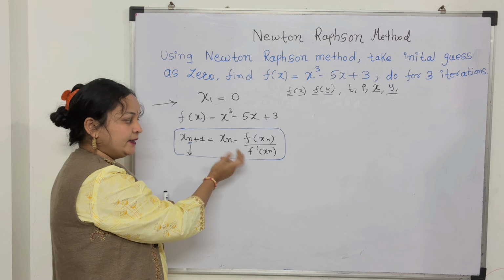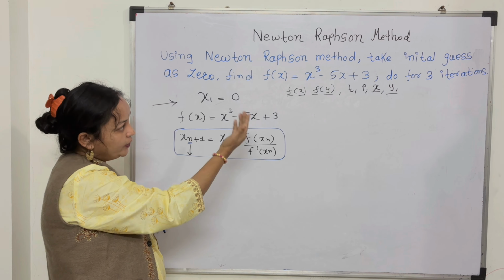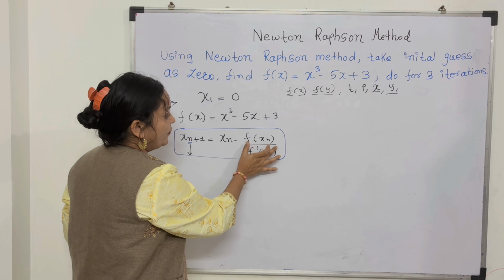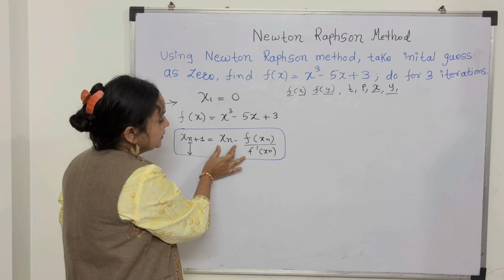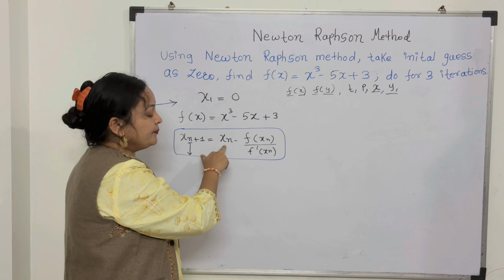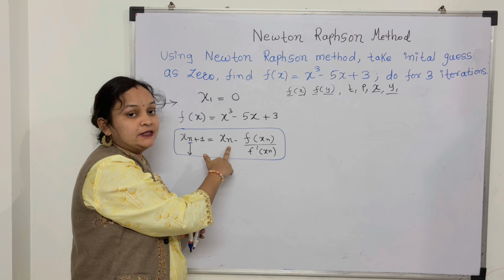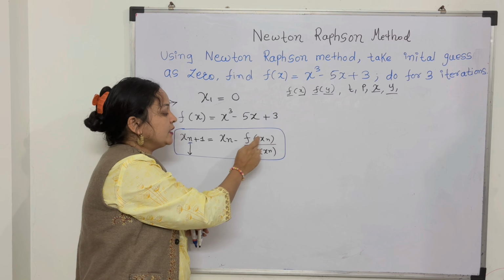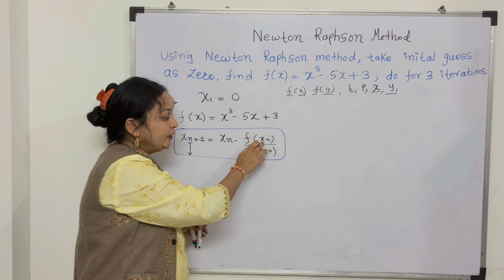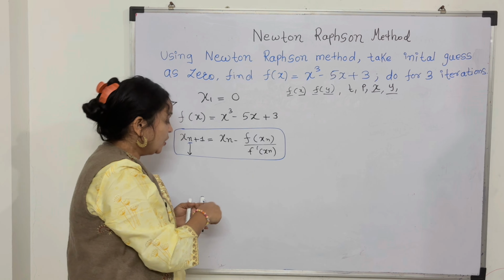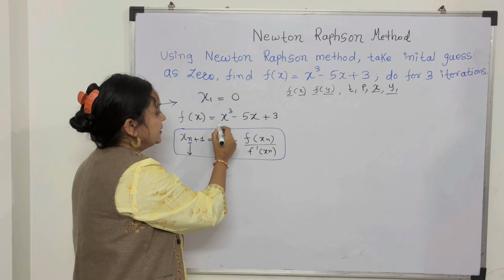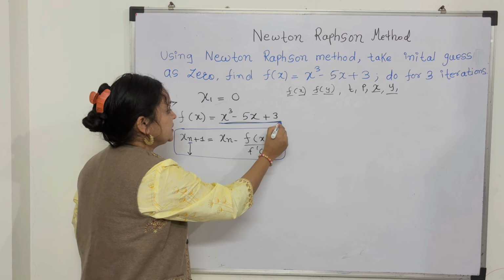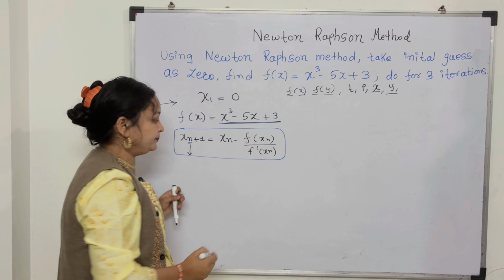xn, where n is the iteration, is x in the form of the given function. f of xn means you take the function and put in the same value of xn. So f of xn is our given function.